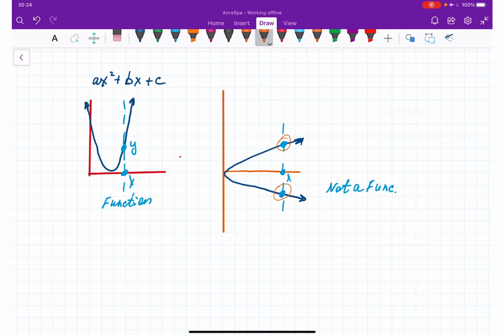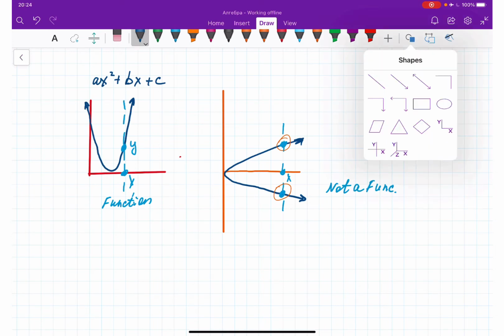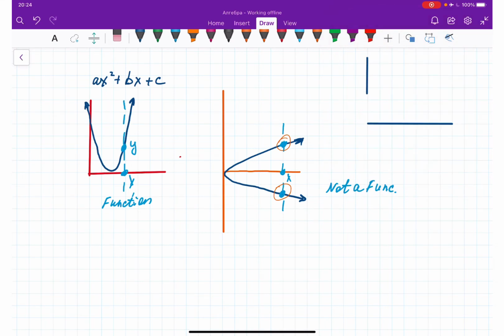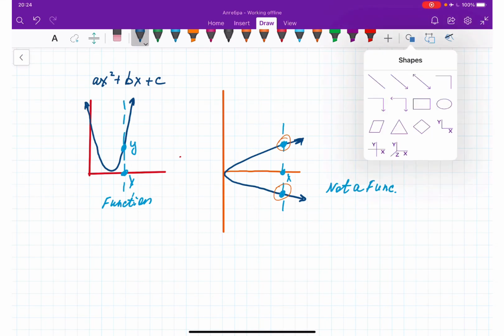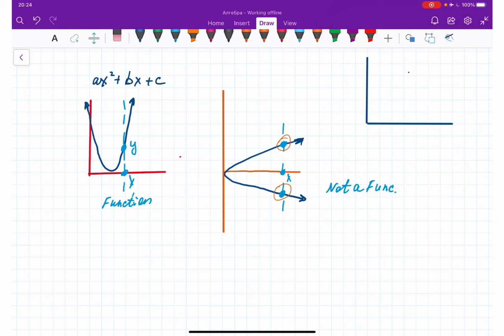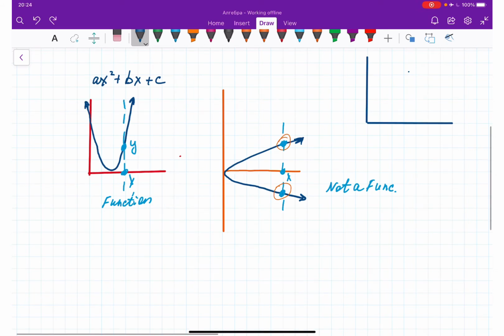For example, let's assume the student is going to school, and school is located on this distance, S of t.